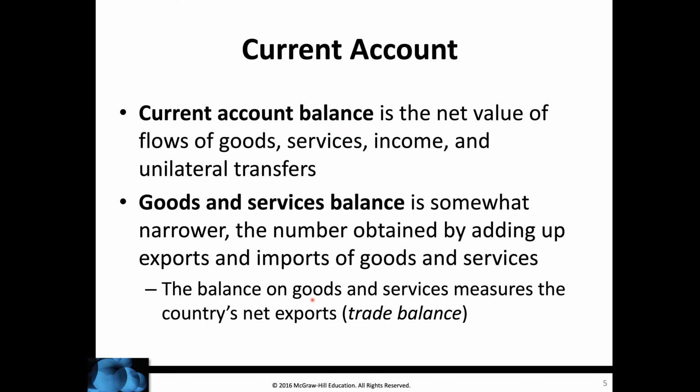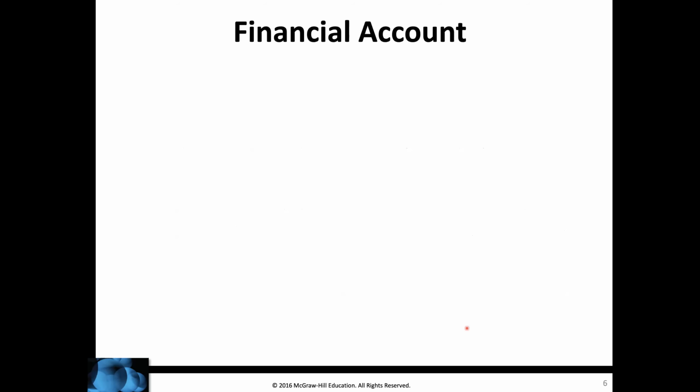The balance on goods and services measures the country's net exports, what is commonly called the trade balance. So if you're listening to the news, and if they're using these terms correctly, they will talk about maybe the trade balance. In that case, they're looking at the balance in goods and services.